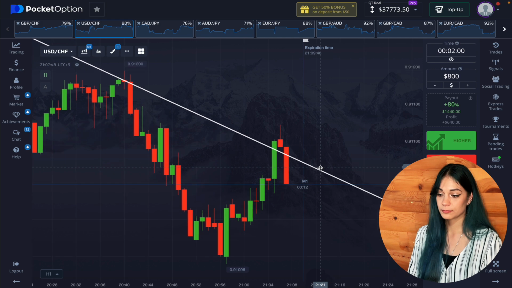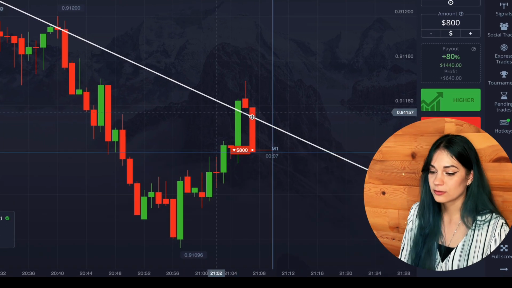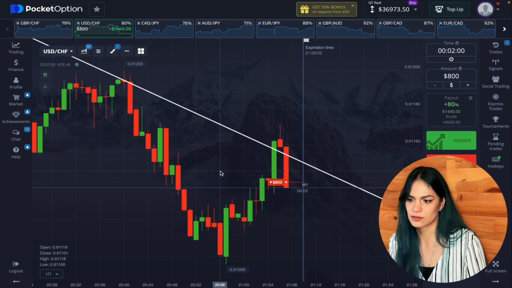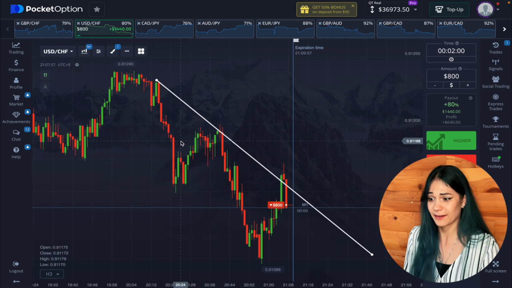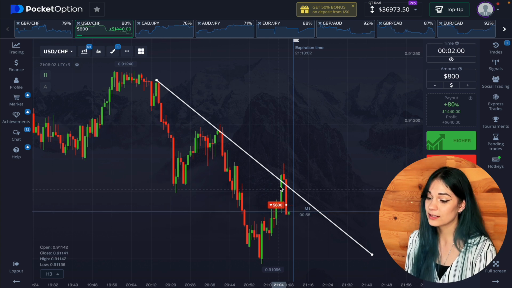Okay, so we found a good place right here, and let's talk about why. I don't remember when I drew this trend line, but still did it. And this is the third jump from the trend line here.